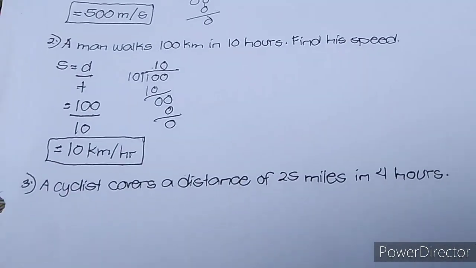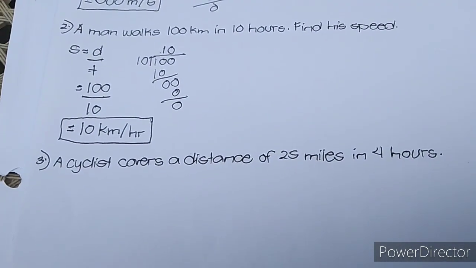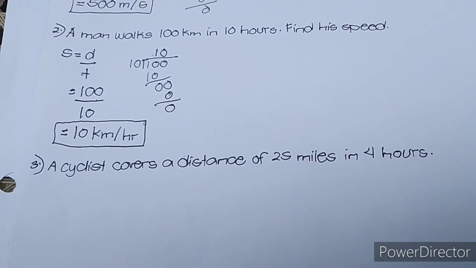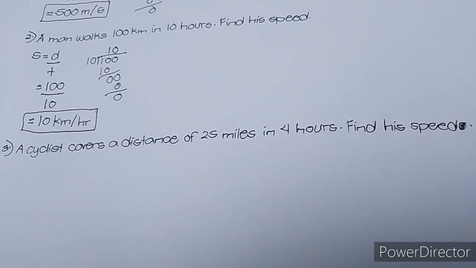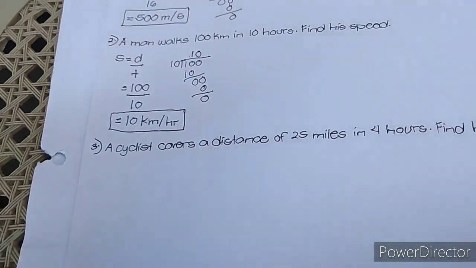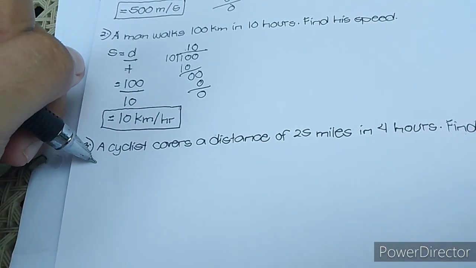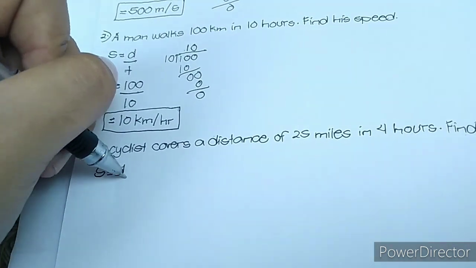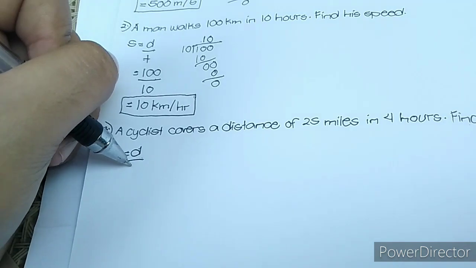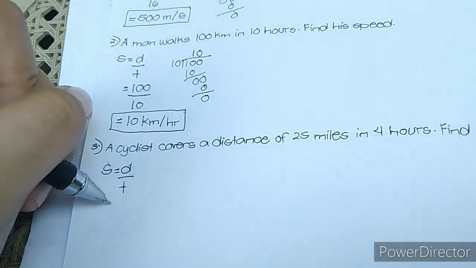Problem number 3. A cyclist covers a distance of 25 miles in 4 hours. Find his speed. So the formula is speed equals distance divided by time.